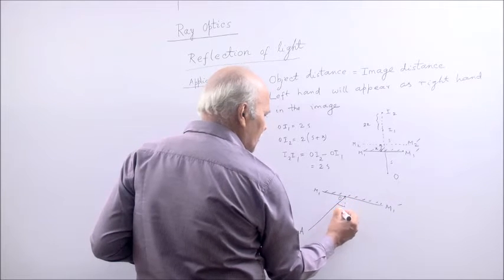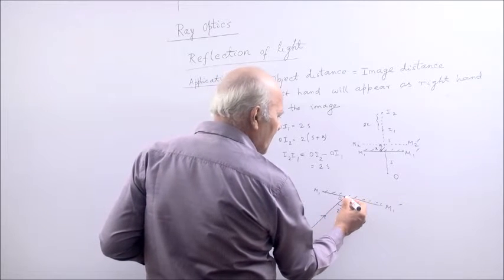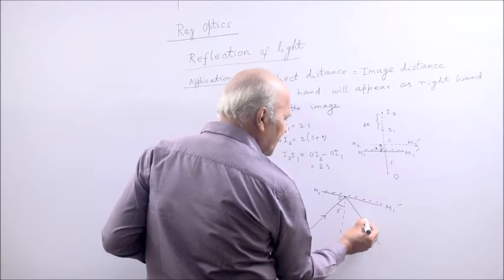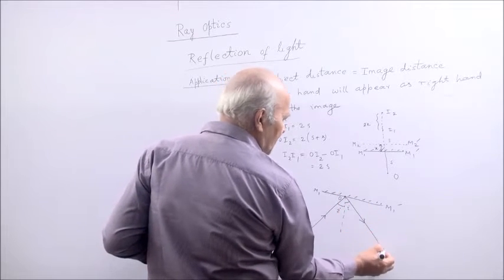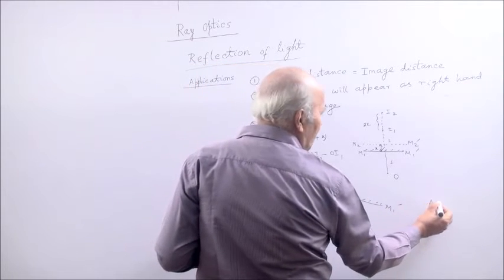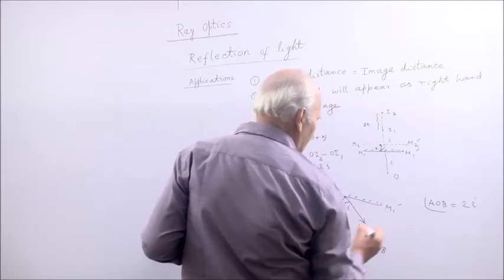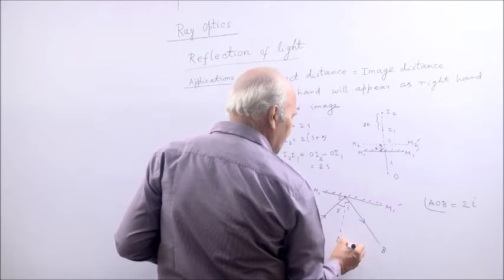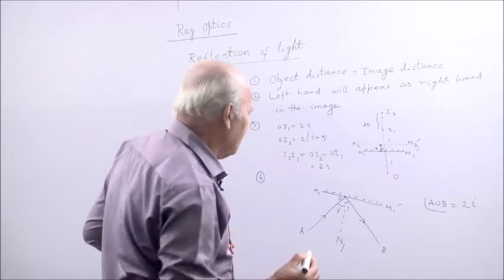Then naturally, say angle of incidence is I, so angle of reflection will be also I. Suppose it is AOB. So angle AOB is equal to 2I, because it makes equal angle with the normal. That is one of the laws of reflection.